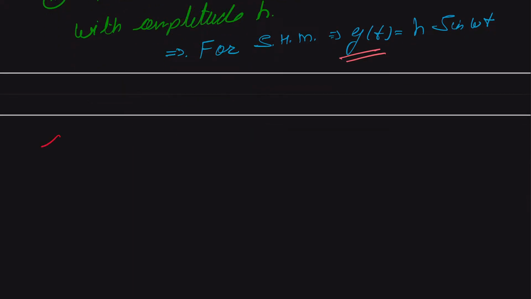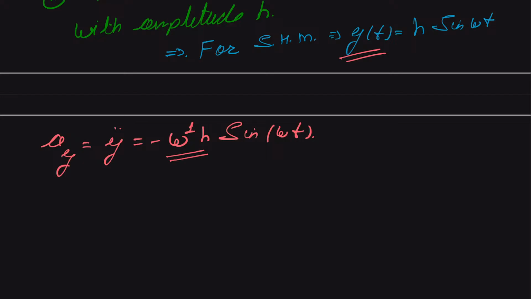So our acceleration in y direction will be equal to the double derivative of y, which will give us minus omega square h sine of omega t. So if you make a one-to-one comparison, we can say that the maximum acceleration is omega square h.